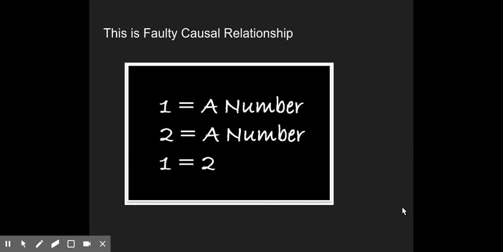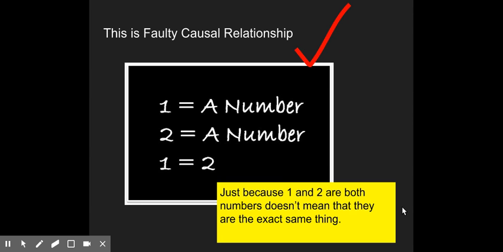All right, this is a faulty causal relationship. True or false? This is a faulty causal relationship. So just because 1 and 2 are both numbers does not mean that 1 and 2 are the exact same thing. And so this logic is not appropriate.